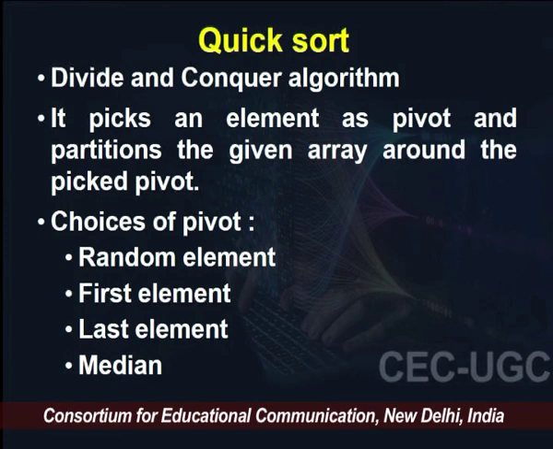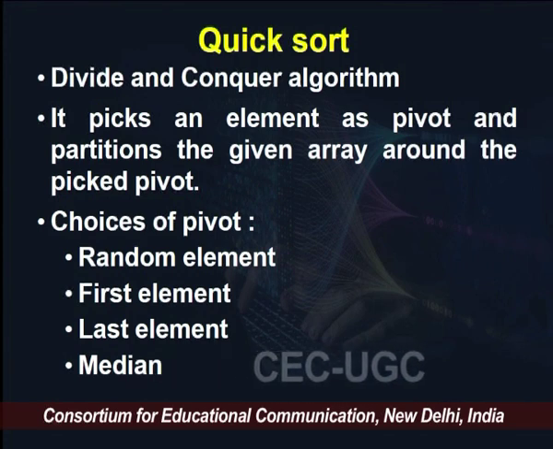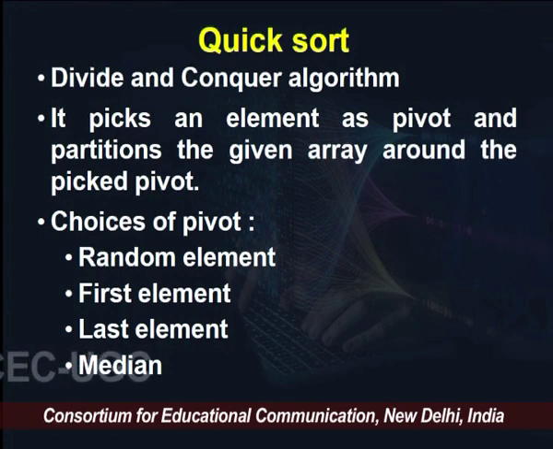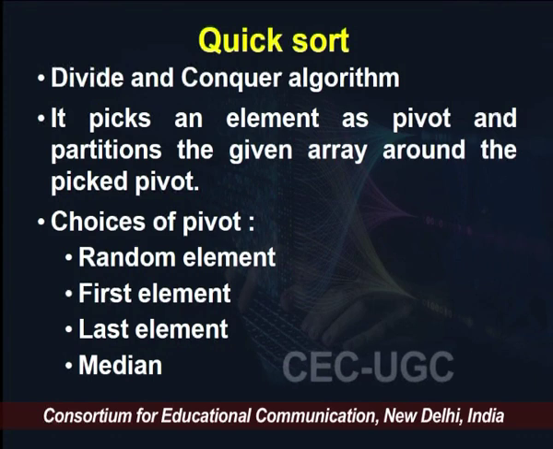After partition, we have the pivot at some position, and to the left of the pivot are all the elements which are less than the pivot, obviously not in sorted order in the first pass, and to the right of the pivot are all the elements which are greater than the pivot.